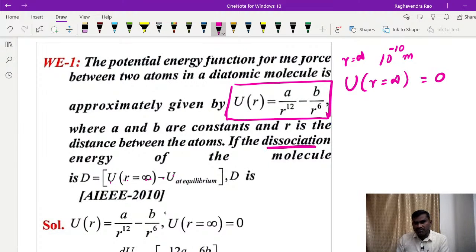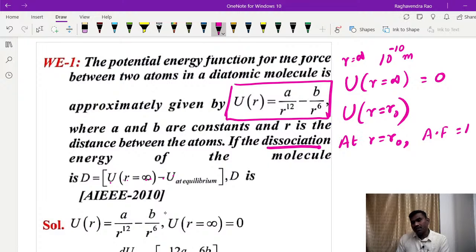So the dissociation energy is the difference in potential energy between R equal to infinity and at equilibrium. What does equilibrium mean? Equilibrium means R is equal to R naught. At R equal to R naught, attractive force is equal to repulsive force, that means net force will become 0.